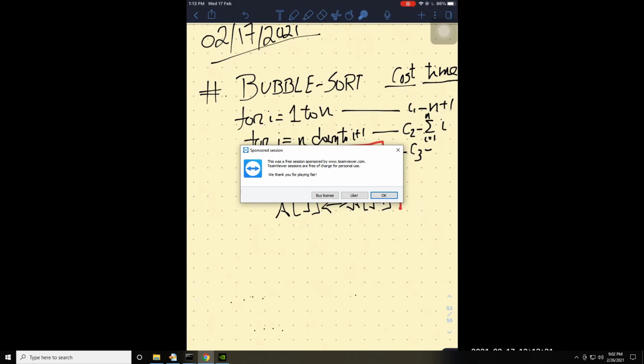For the worst case, it will run summation i equals 0 to n minus 1 of i times. So this is for the worst case.